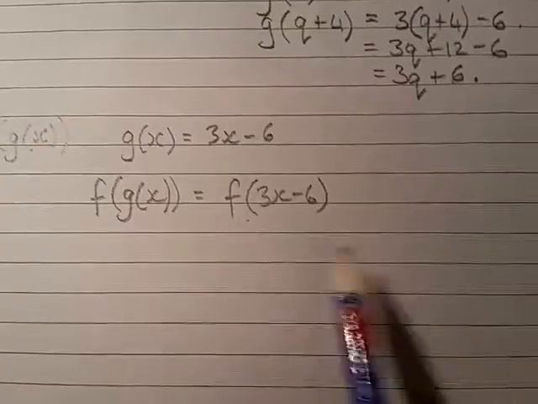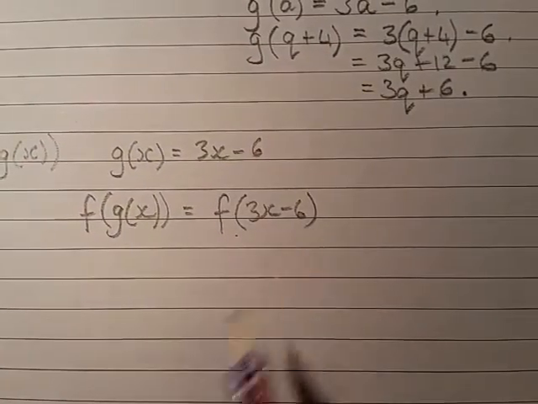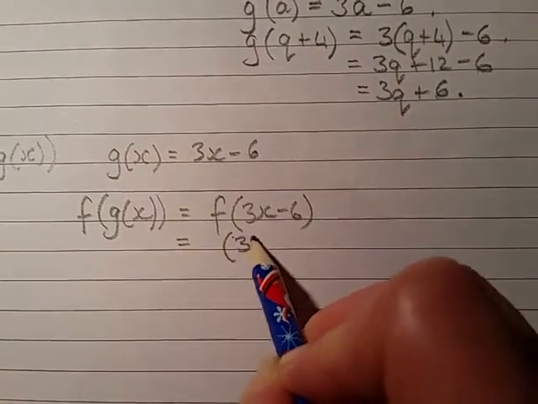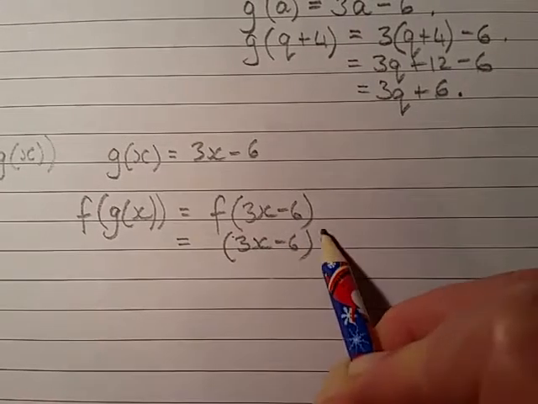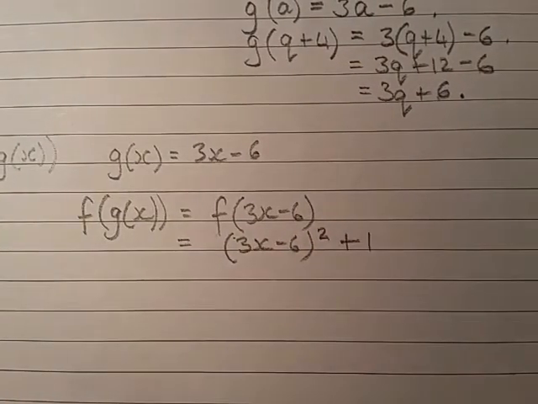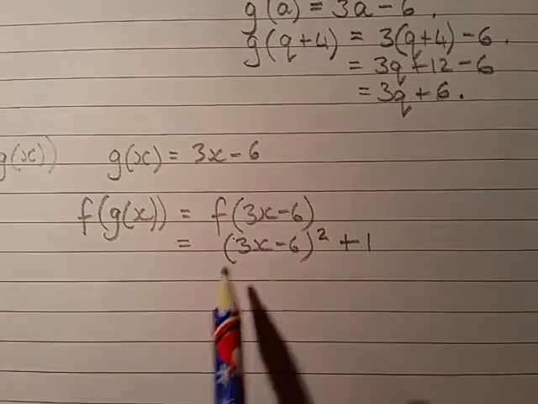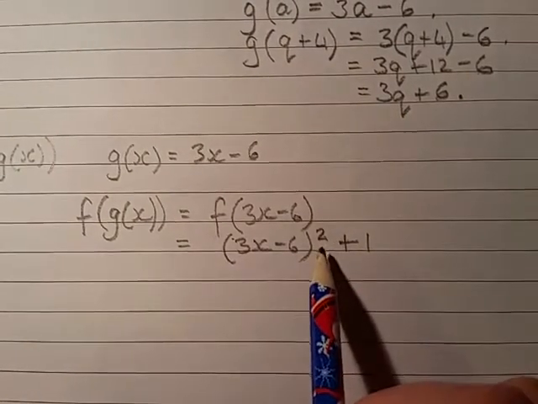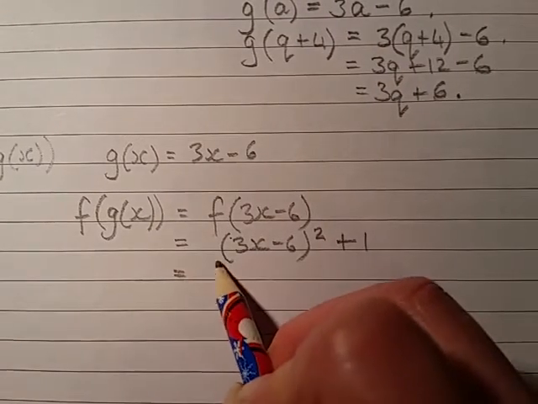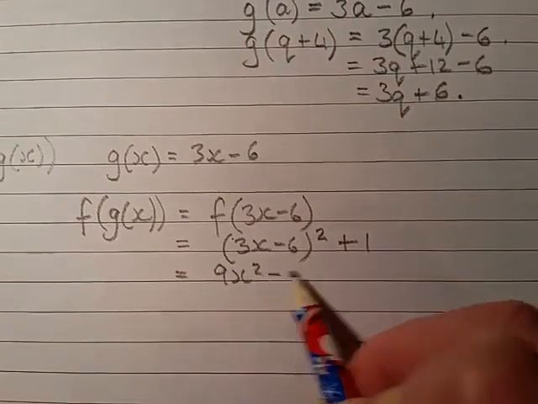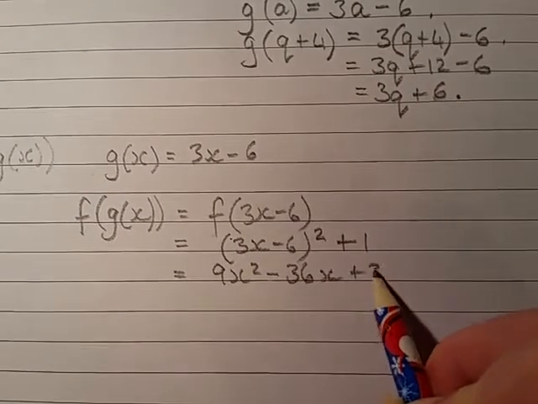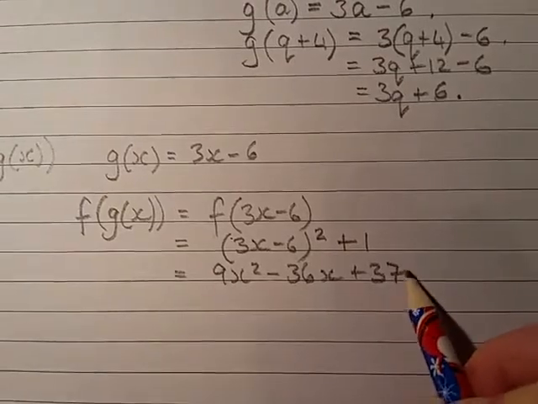So here we're putting in 3x minus 6. So we take whatever we put in, that's 3x minus 6, we square it, and then we add 1. And then we would multiply out the brackets to keep that nice. 6 times 6 is 36. Minus 36x plus 36 plus another one, so 37.